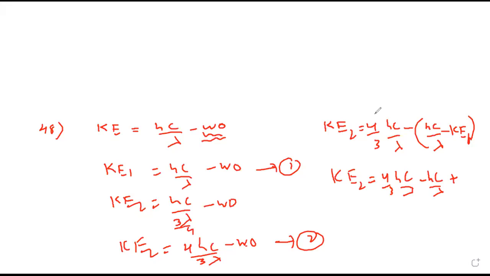We want relation in velocities. One minute. 48 we are doing. The first velocity is given as v.